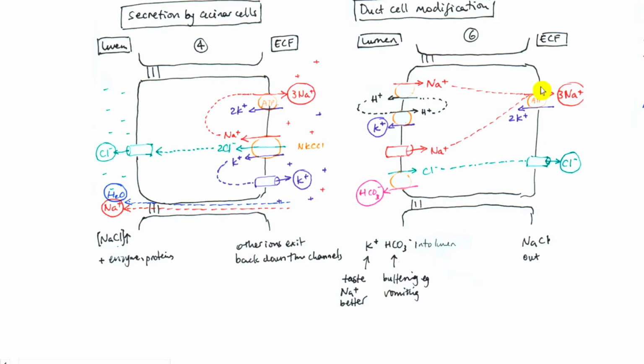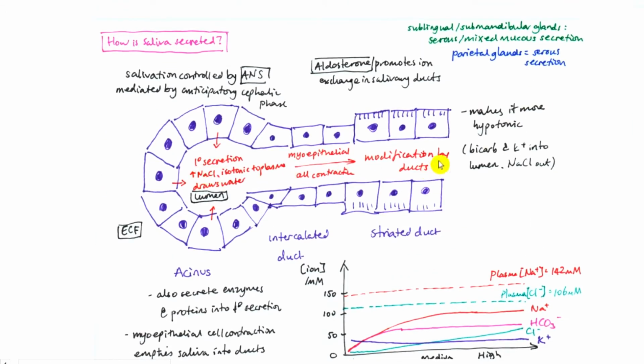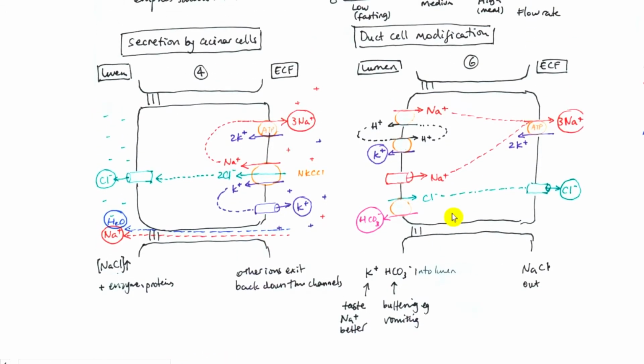As the primary secretion passes through the duct cells, it's modified like this. In the lumen, there's another one of these ATPases which causes a gradient to be formed. Then we have more transporters: a sodium hydrogen transporter and a hydrogen potassium transporter, and the hydrogen ions are cycling back and forth between these two transporters, causing potassium to go out and sodium to be absorbed back into the blood, and sodium also goes through channels.